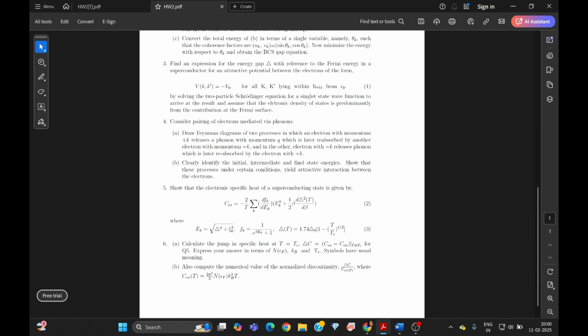It's not getting copied, okay, I'm writing this down. CES equals minus 2 by T, sum over k of dfk by dEk times Ek square plus half beta d of delta square divided by d beta. So we got the values of this one and this one.